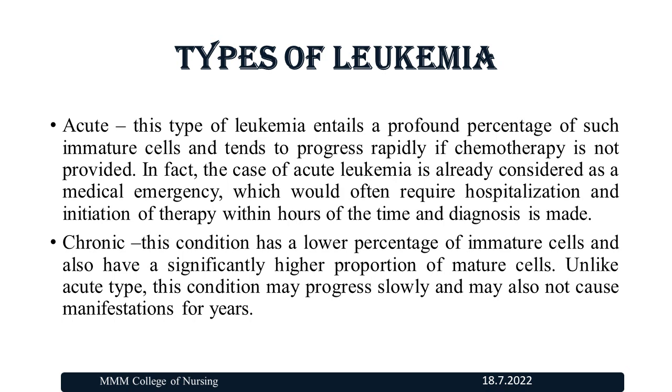It requires hospitalization and initiation of therapy within hours once the patient is diagnosed. Chronic leukemia has a lower percentage of immature cells, unlike the acute type. This condition may progress slowly and may not cause manifestations for years.